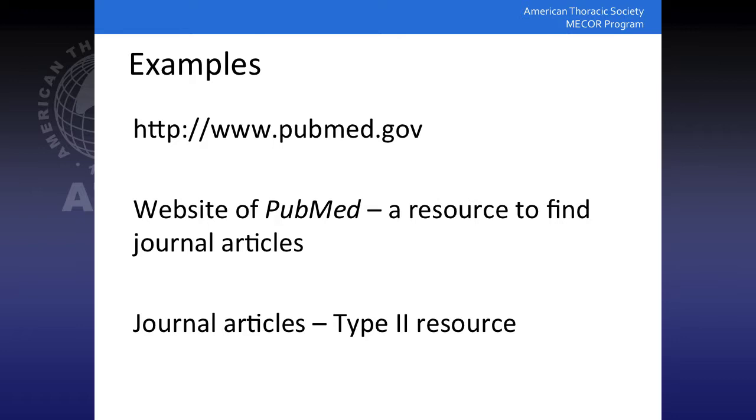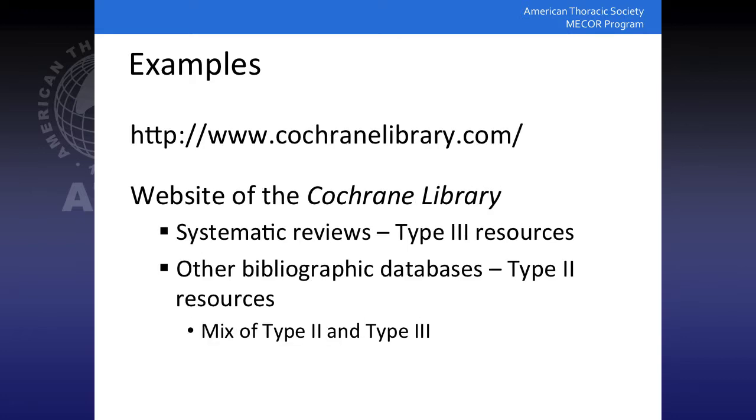So anything to do with research, there's a great chance you'll find it through this. Cochrane Library has systematic reviews, which are type 3 resources. It has other bibliographical databases of journal articles, which are type 2 resources. So this is a mix of type 2 and type 3.